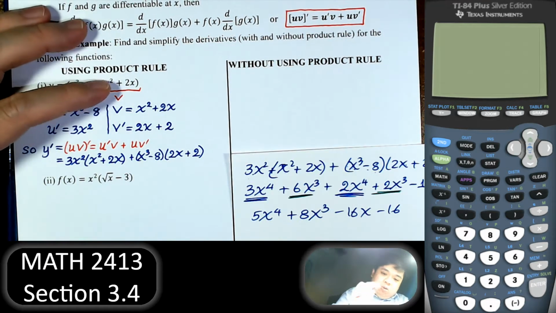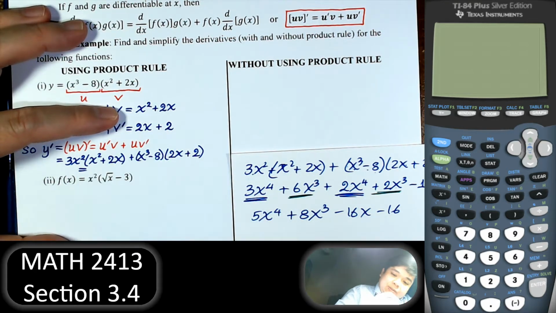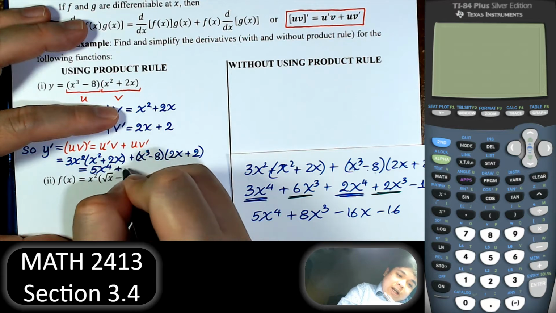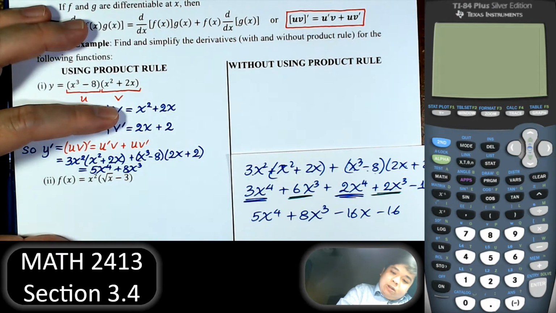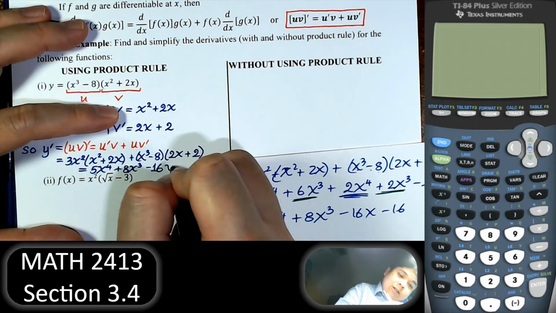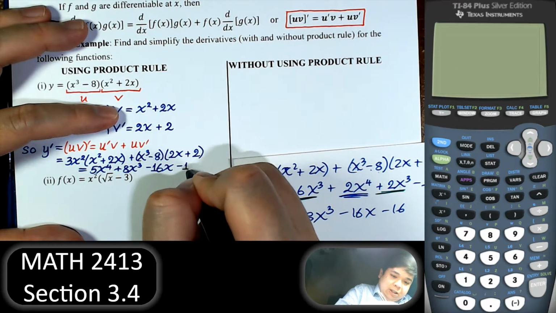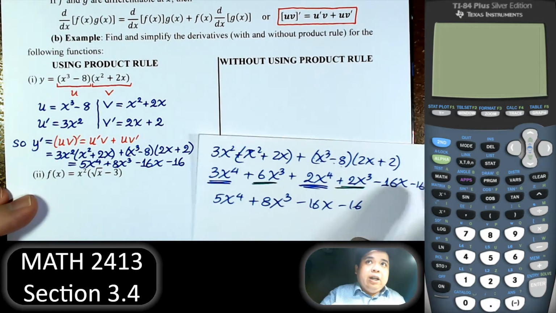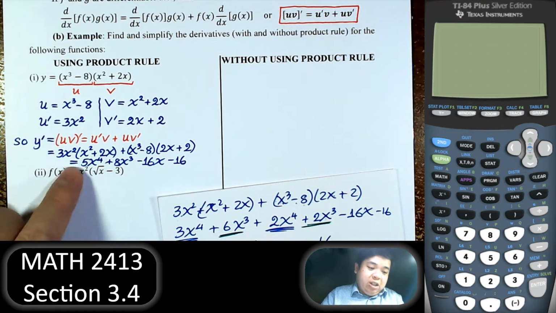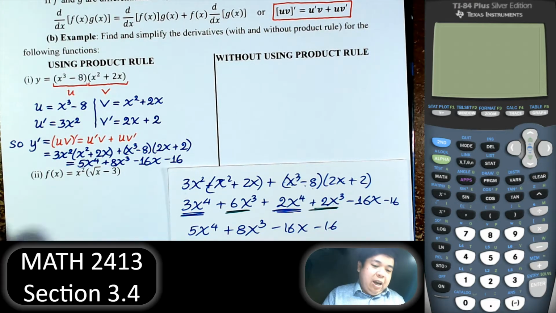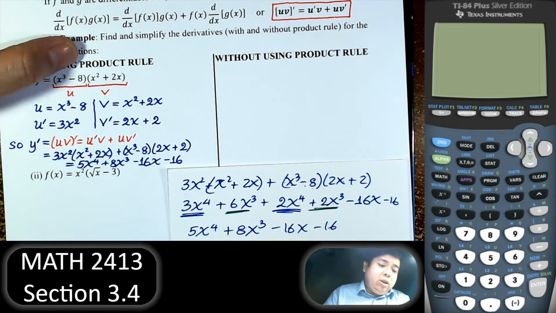So I'm just going to write the answer: 5x to the 4th plus 8x cubed minus 16x minus 16. That is where we use the product rule. Sorry, I'm running out of space, so we just have to do it on here.